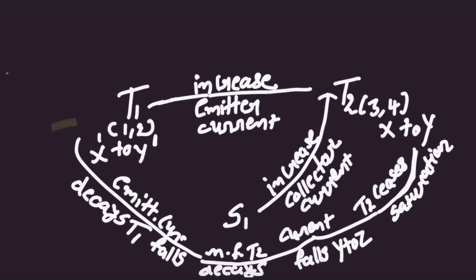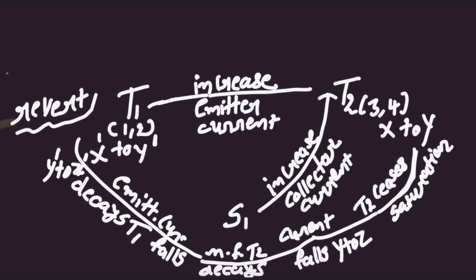And due to coupling, there is decay in T1. So emitter current starts decreasing and goes from Y dash to Z dash, and transistor is in cutoff state. This means that IC and IE both cease to flow, and transistor is reverted back to its original state.